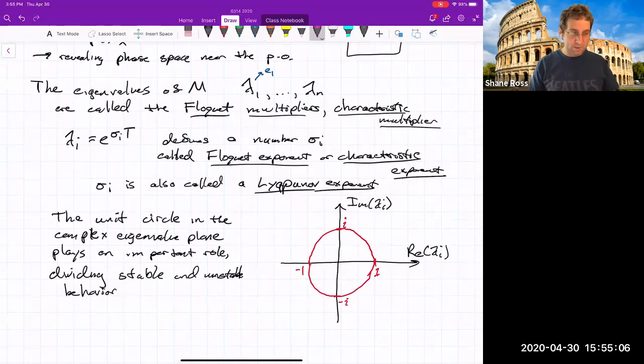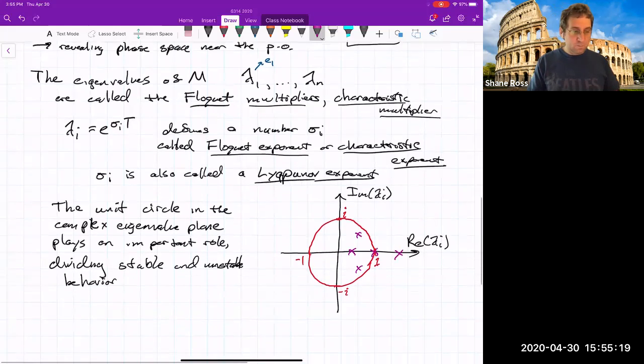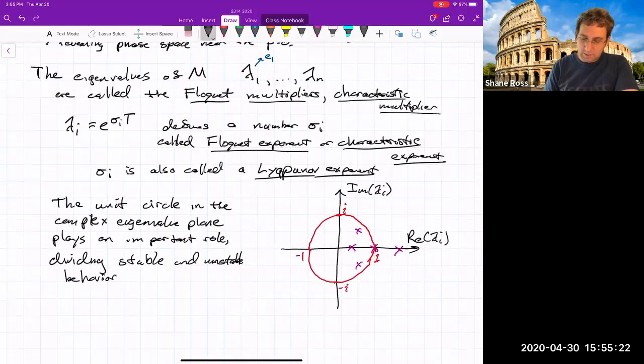Here's a typical eigenspectrum. There'll be some things that are real, and then there'll be complex conjugate pairs. So M, because it's an n by n real matrix, has n eigenvalues, and we describe them lambda 1 through lambda n.